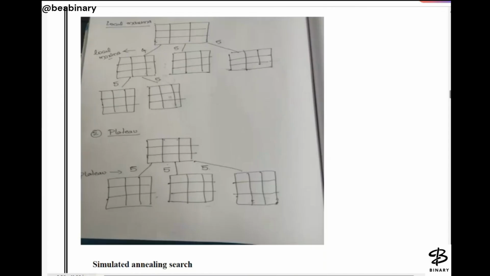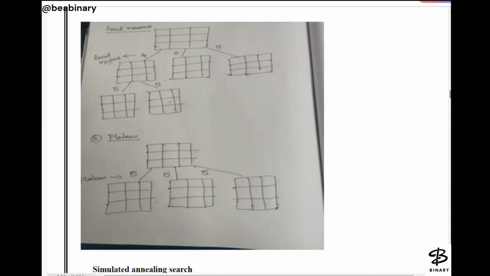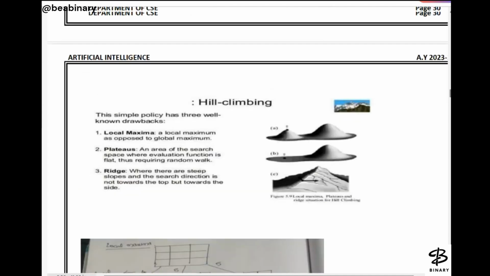Plateau means all the same values are there, and the local maxima is there. Further, the neighboring states can have a higher value, right? So 4 represents the local maxima, and in 5 all the neighboring states have the same value, which shows the plateau, right? So this has been explained in the diagram like this.